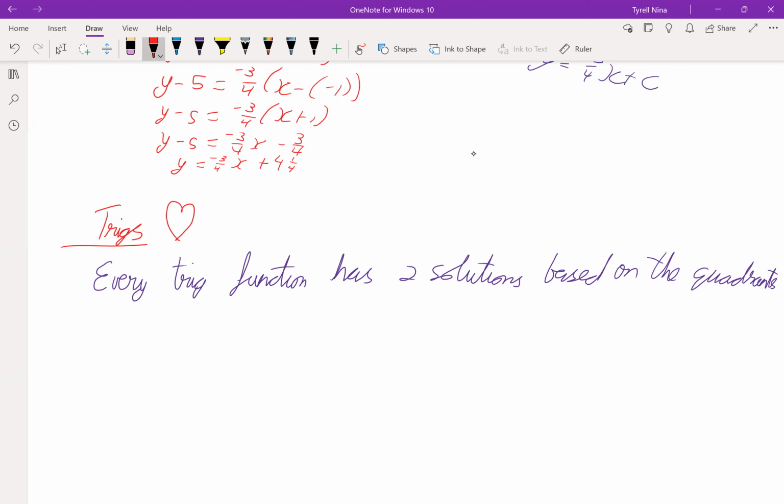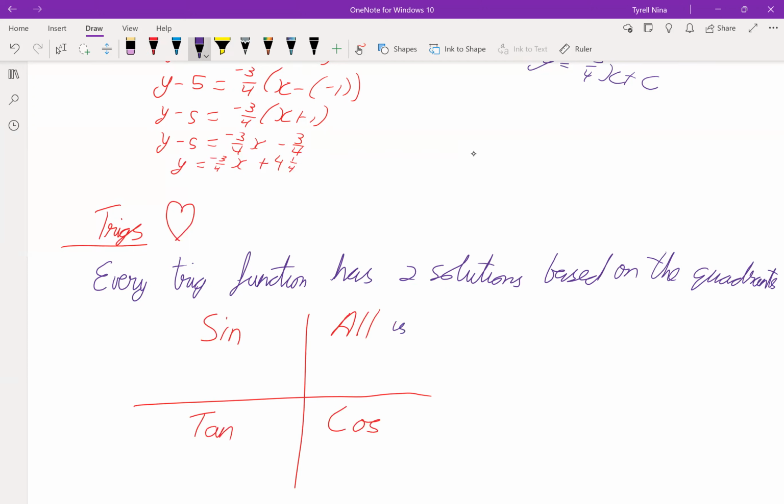So you can have this here, A, S, T, C: all, sine, tan, cos. So what does this mean? All is positive, sine is positive, tan is positive, cos is positive, right? And this runs between 0 to 90, 90 to 180, 180 to 270, 270 to 360.